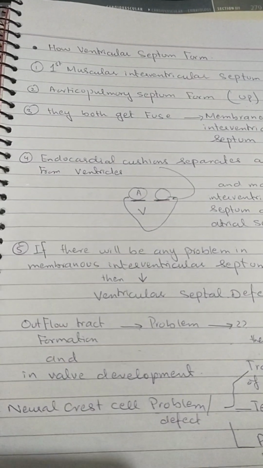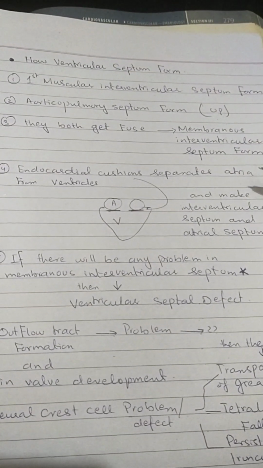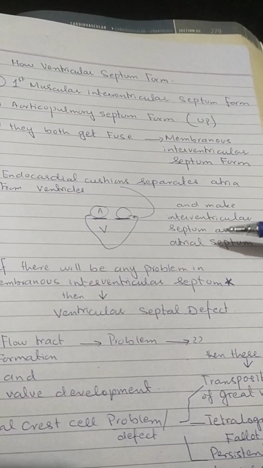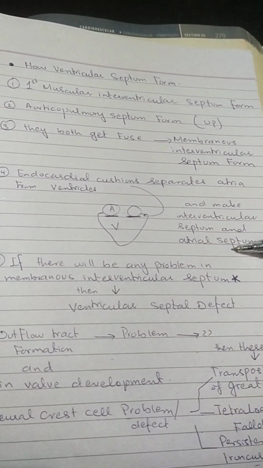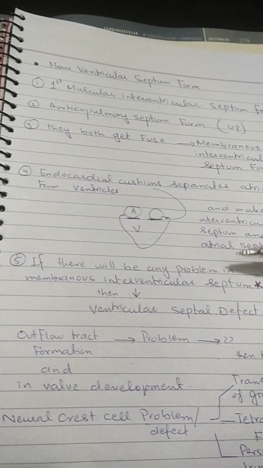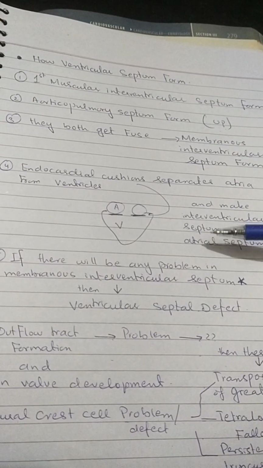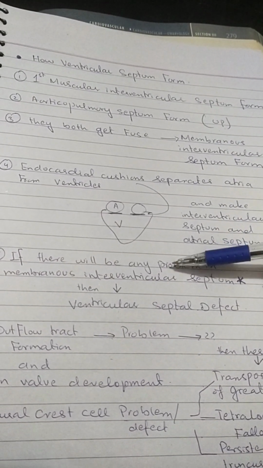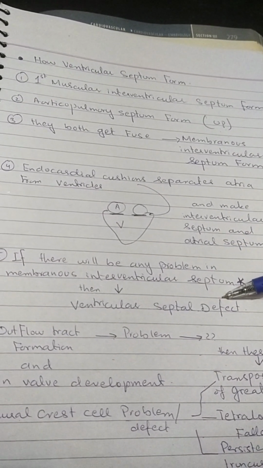After that, endocardial fusion separates the atria from the ventricle and makes the interventricular septum and atrial septum. If there is any problem in the membranous interventricular septum, then a ventricular septal defect will occur.